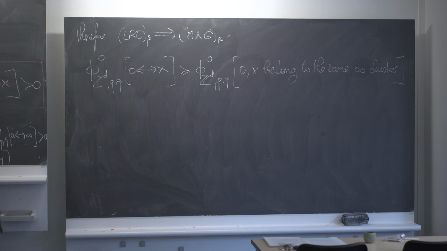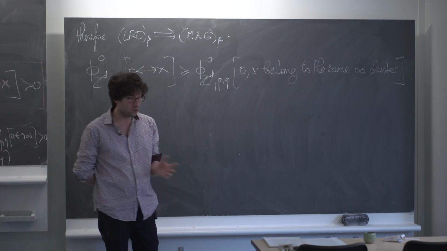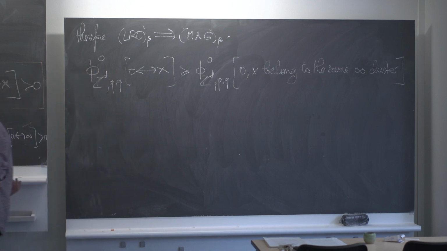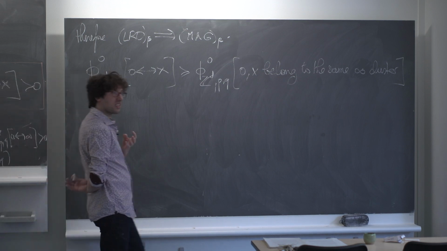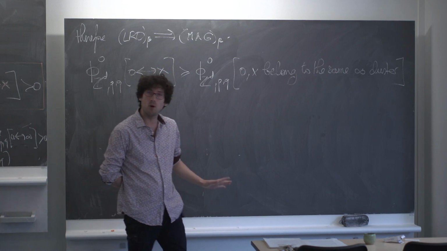First thing that can go wrong is that phi 0, as I said earlier, could be completely different from phi 1.